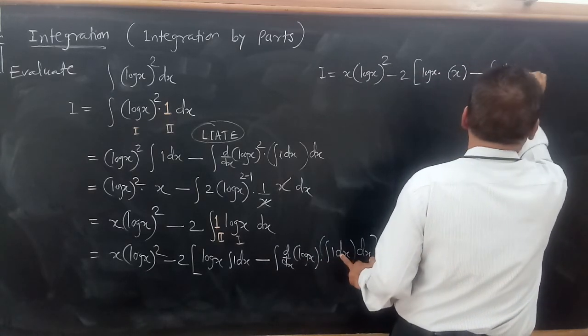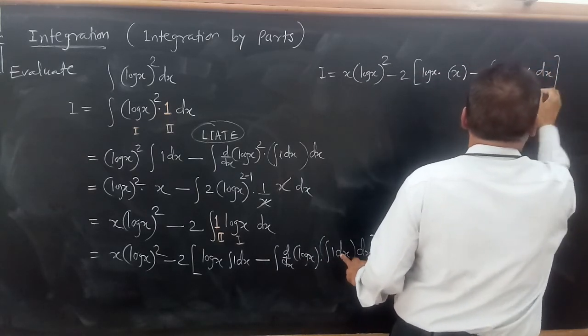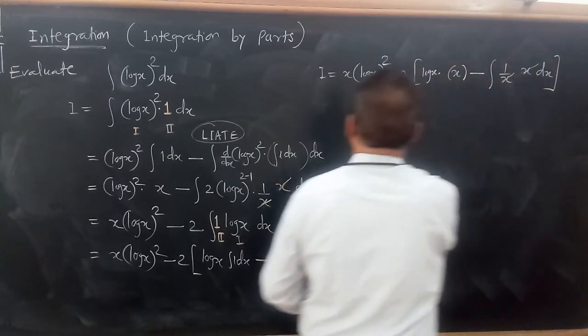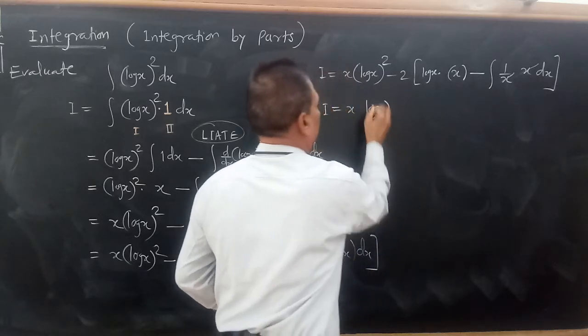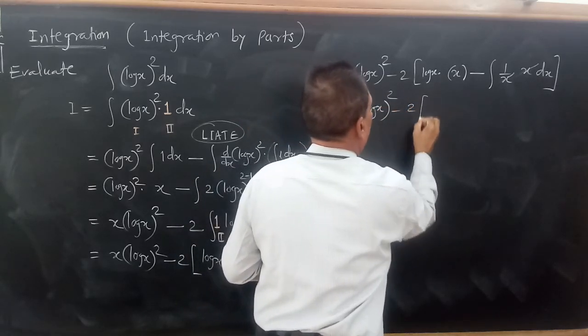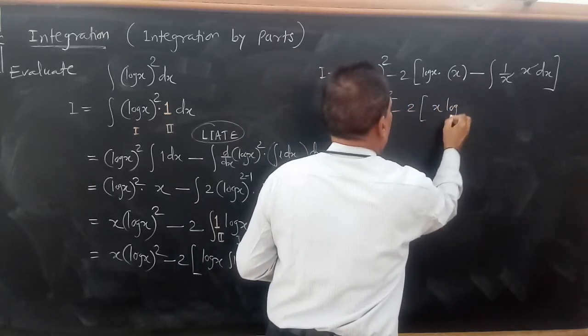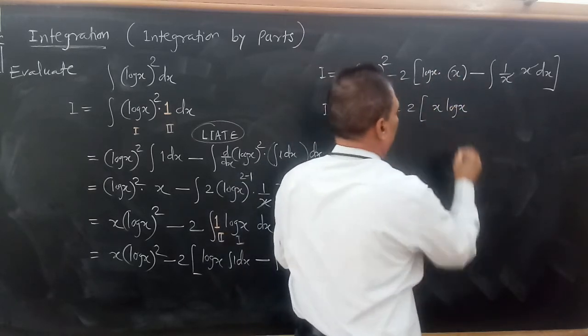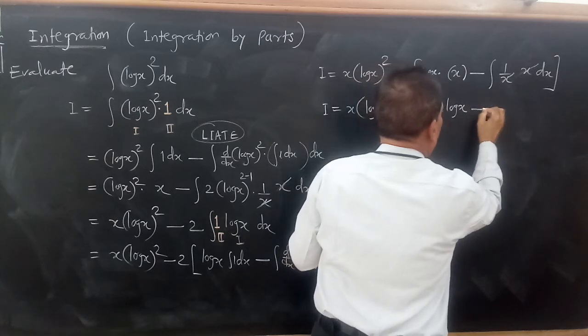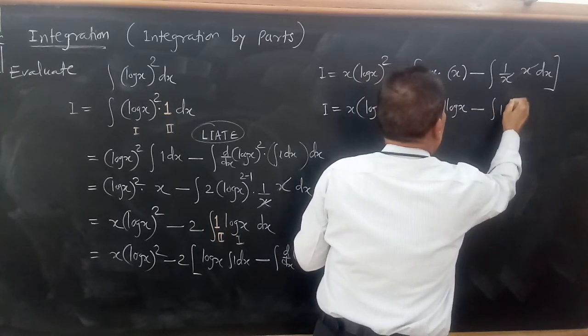Cancel this x term, means I is nothing but x log x bracket square minus 2 times x log x. Multiplication is commutative, that's why I am writing x log x first, minus integration of 1 dx.